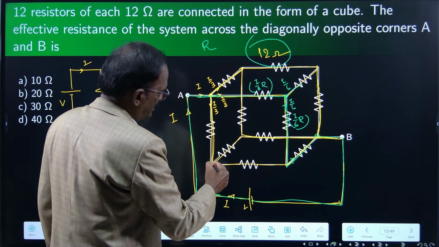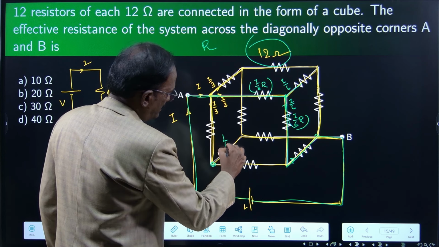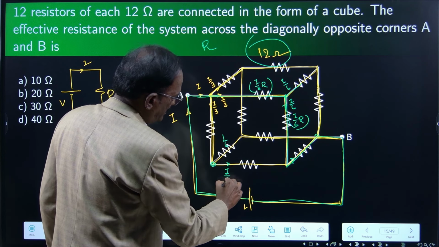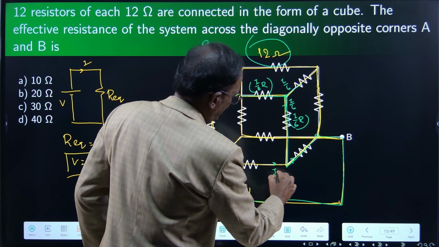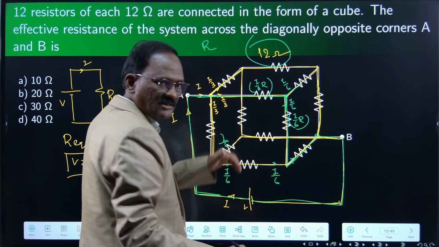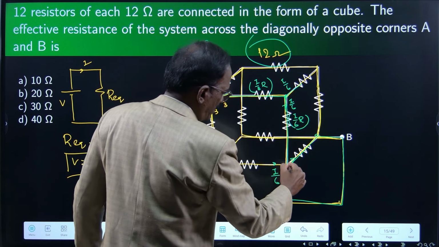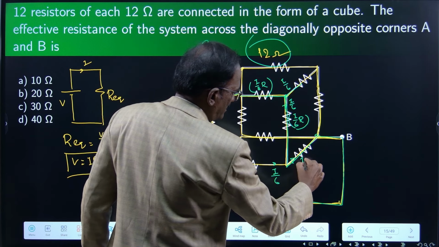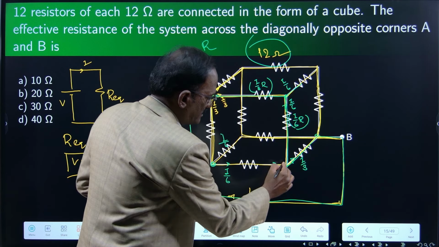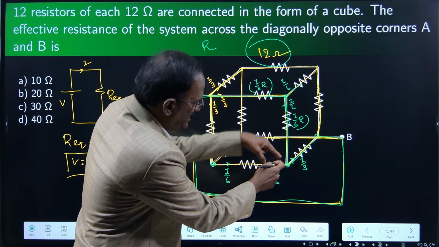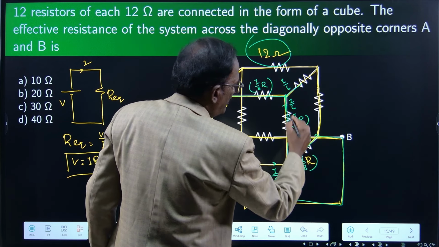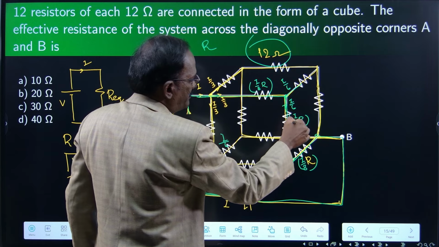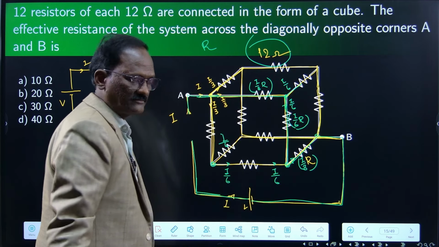This is I by 3, here it is divided as I by 6 and I by 6. One I by 6 is coming from the top, I by 6 plus I by 6 is added here, giving I by 3. I by 3 into R will be the drop. I by 3 R, I by 6 R, I by 3 R.